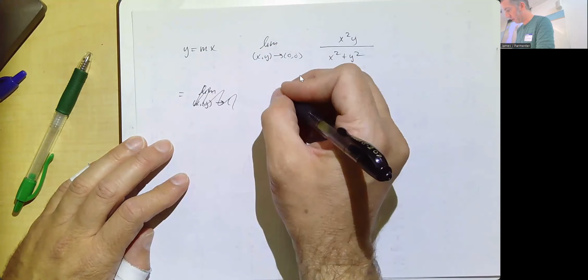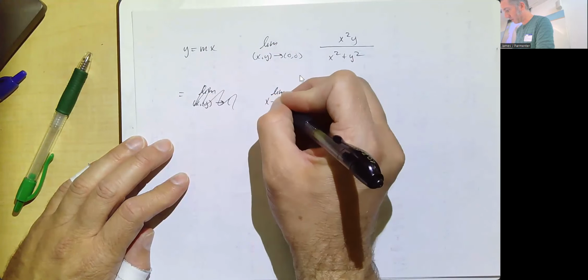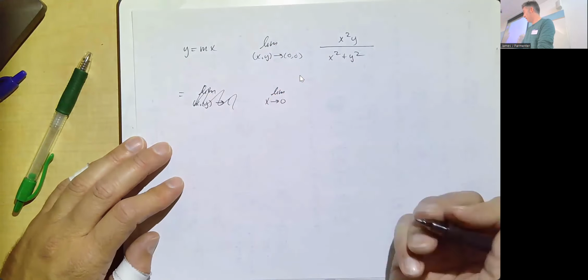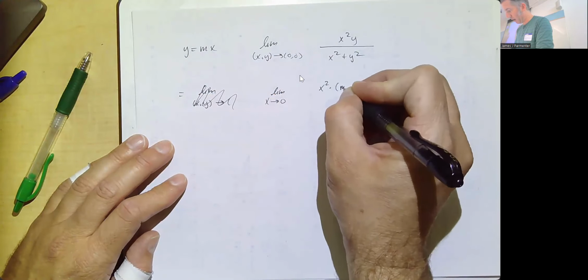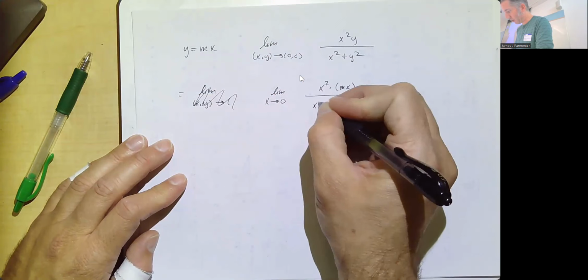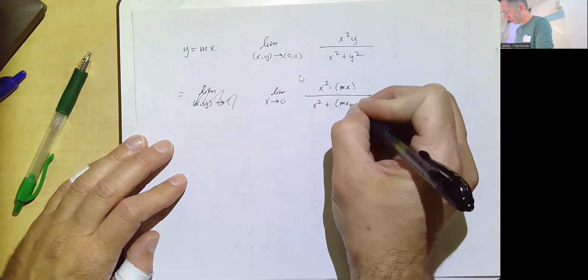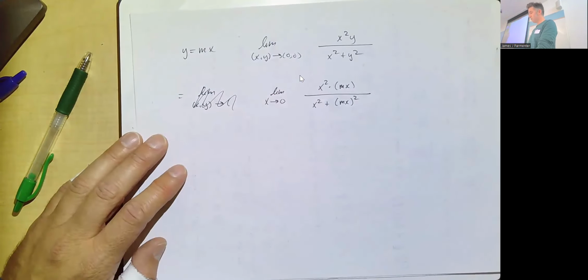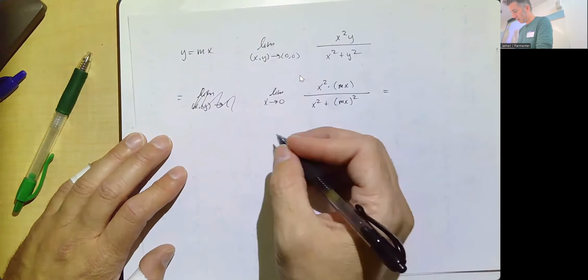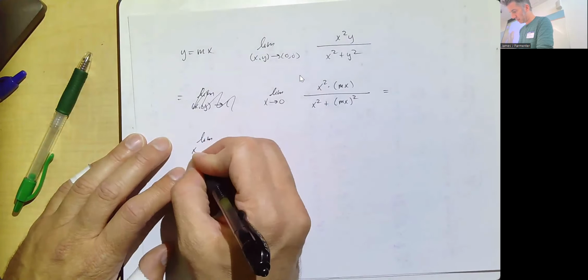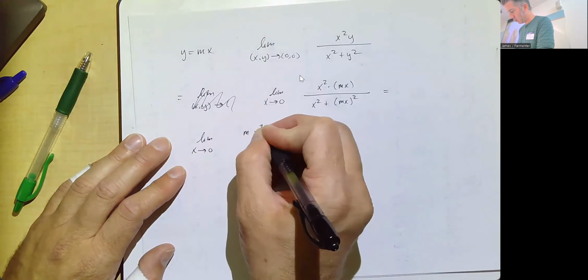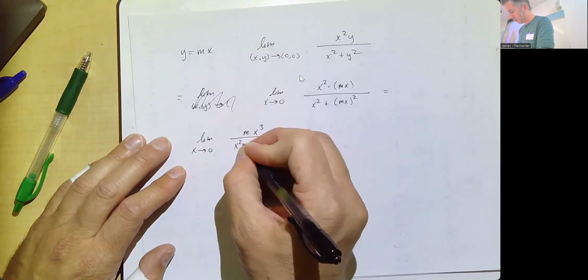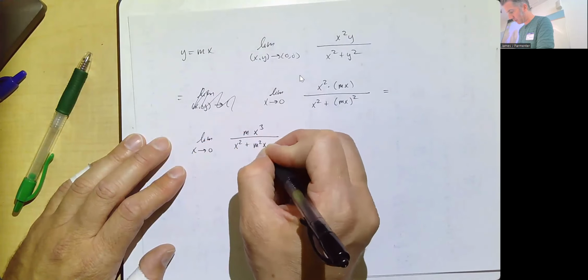I should have written the limit as x approaches 0 because I'm replacing all the y's with m times x. So I'm going to get x squared times mx over x squared plus mx squared. So when I write this out, that's going to be the limit as x goes to 0 of mx cubed over x squared plus m squared times x squared.